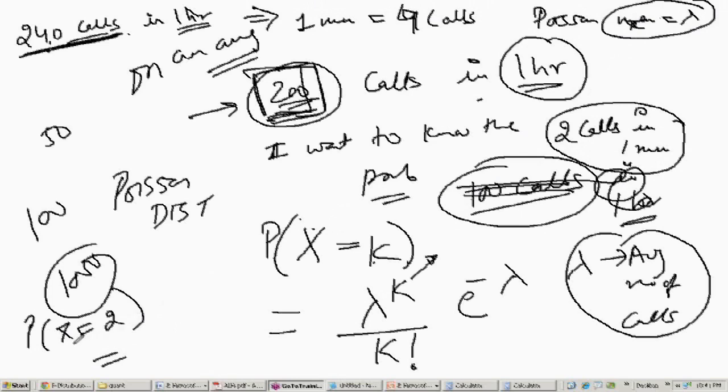So the probability that you will get 2 calls is given as lambda, the mean 4, squared, times e to the power minus 4, divided by 2 factorial. So that is the answer. If you compute this, it will come as some value: e to the power minus 4, 4 square, divided by 2 factorial.